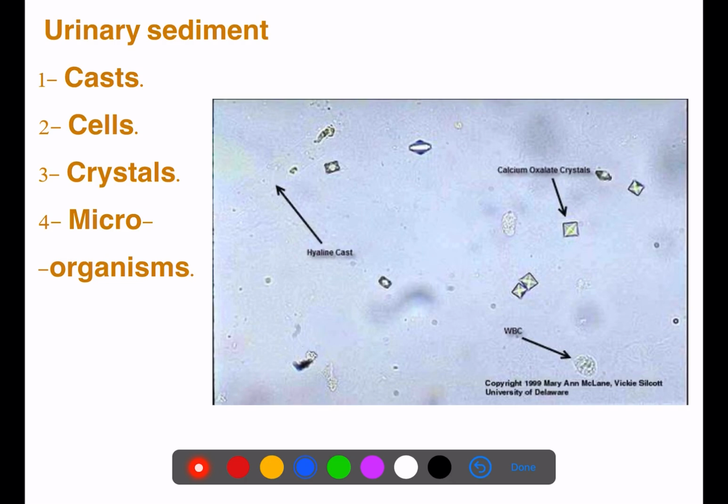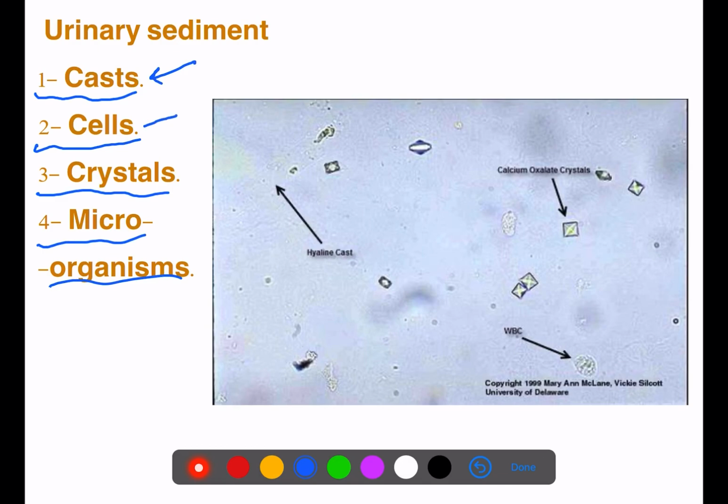The urine analysis is done in a lab by centrifugation of urine to precipitate the components of urine, and these components usually consist of casts, cells, crystals, and microorganisms. The casts indicate proteinaceous material, also sloughing of epithelial cells.